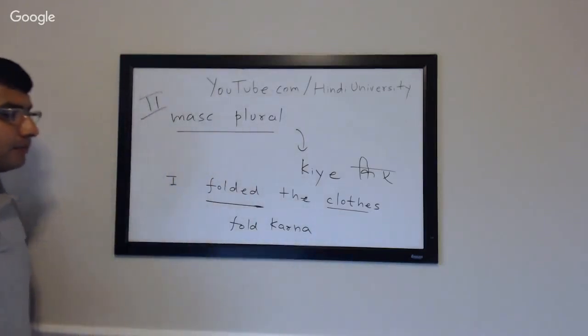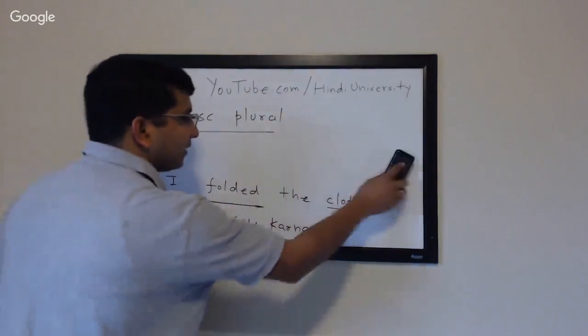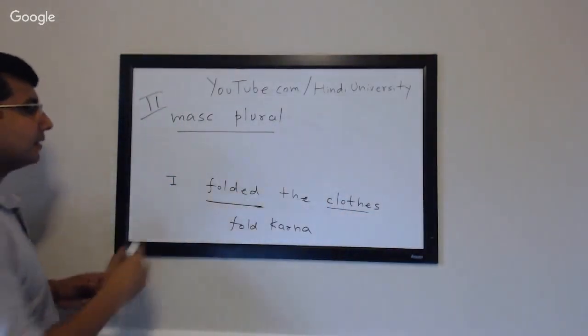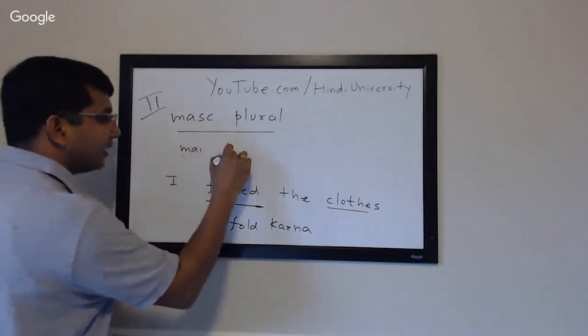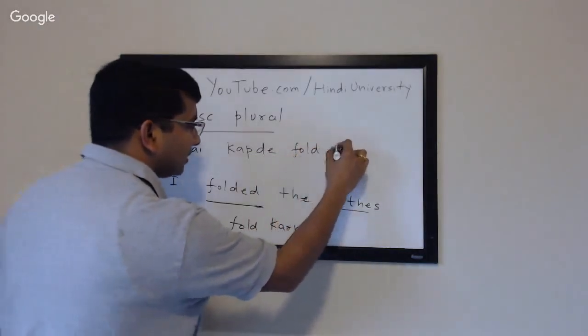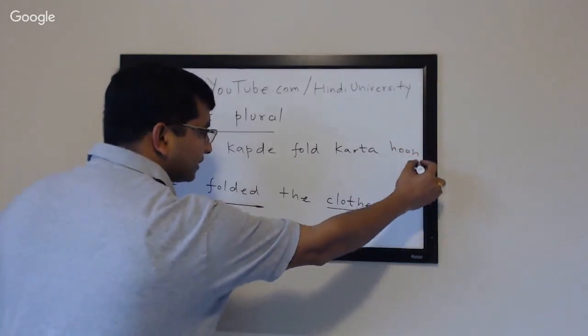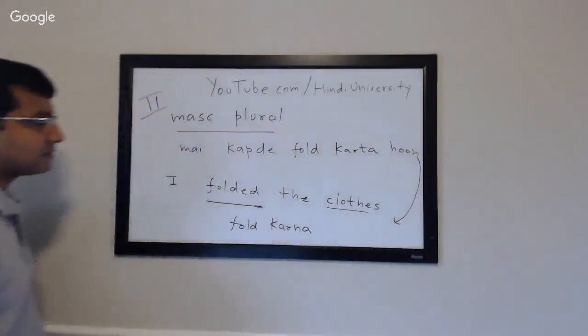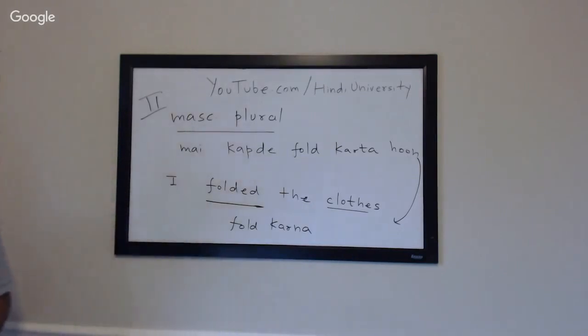Okay, so in the present form, if I want to say I fold the clothes, I will say मैं कपड़े fold करता हूँ. All I'm asking you to do is translate the same sentence in past. Instead of I fold the clothes, I folded the clothes. So very good, right? Let's see if other people can figure it out.